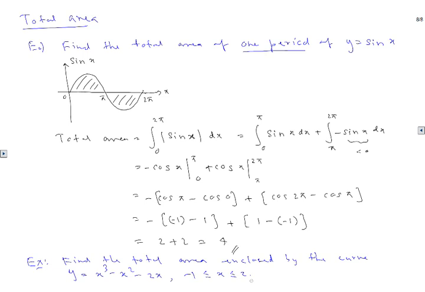So find the total area enclosed by the curve y equals x cubed minus x squared minus 2x from -1 to 2.